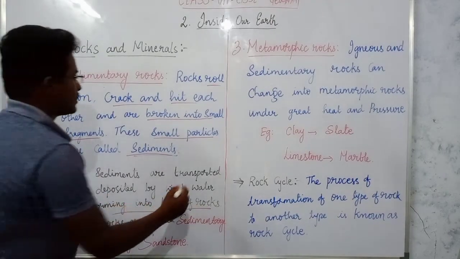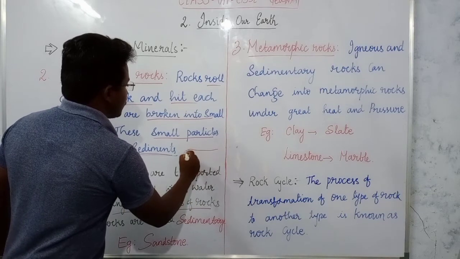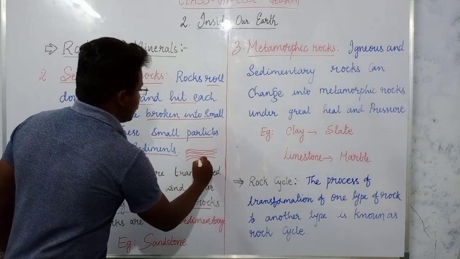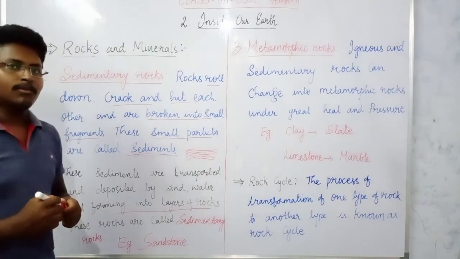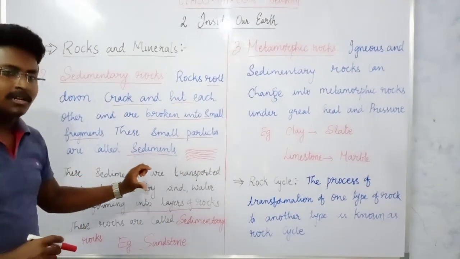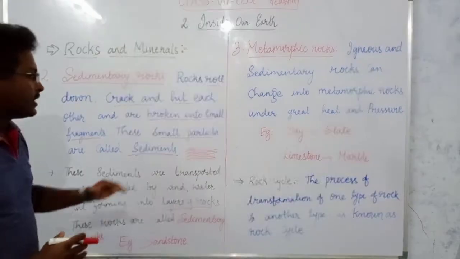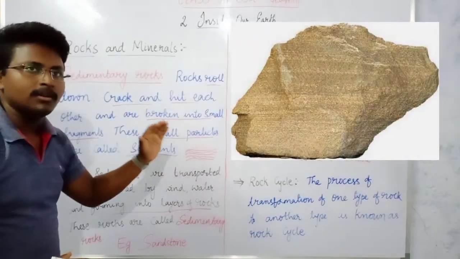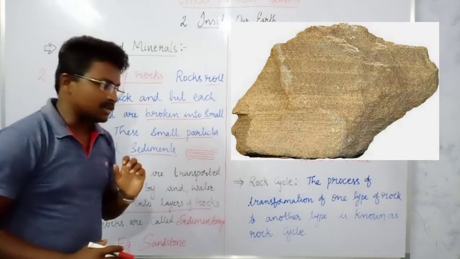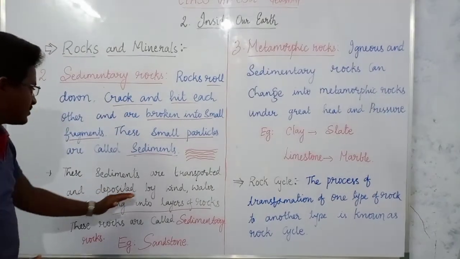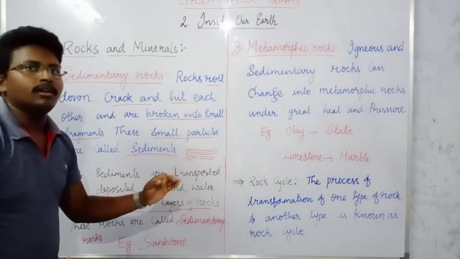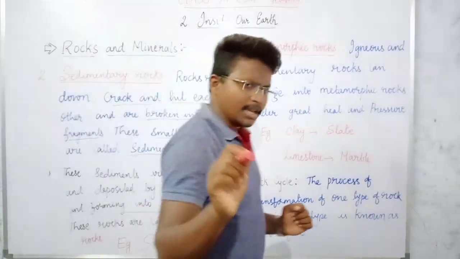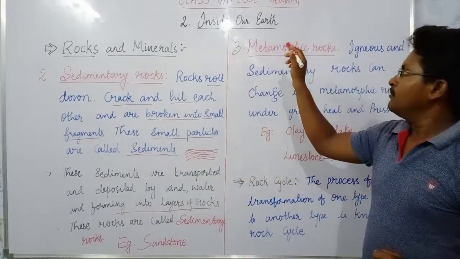That means you can see the sedimentary rocks in this manner. They form into different layers, because all these small sediments are deposited in a particular place like a layer. They are deposited by factors such as wind, water or any other natural processes.